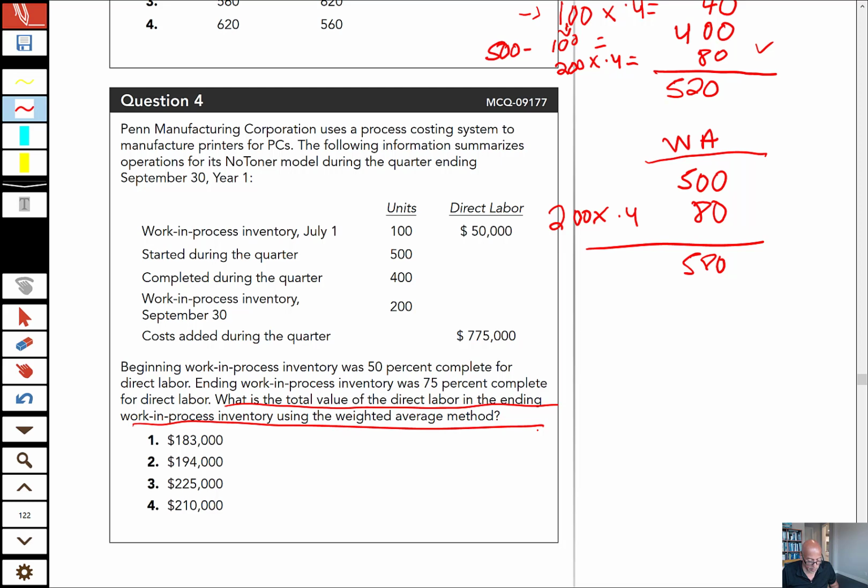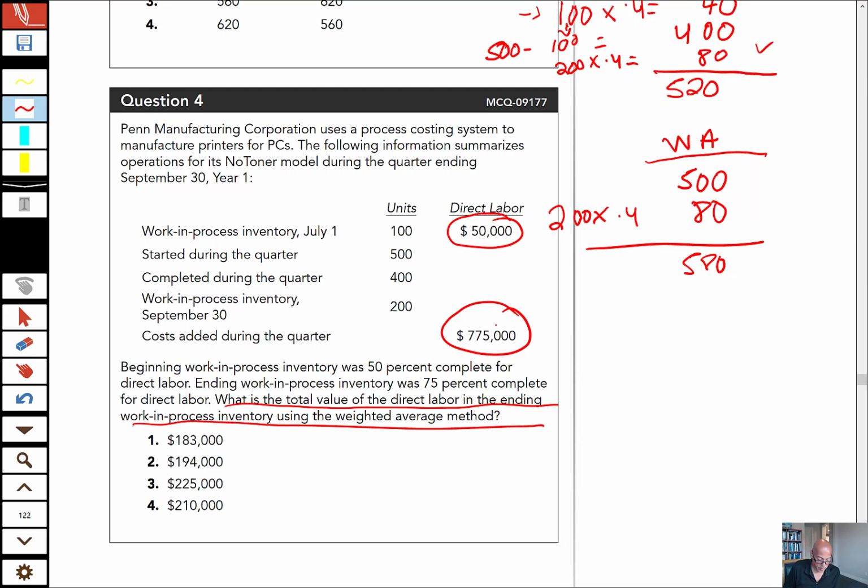Okay, now we're going to see what costs we have to pick up under weighted average. And I can tell you right now that I'm going to have to pick up both these numbers, the amount for the work in process at the beginning and the cost added for the period, I should say. So I've got to pick both those numbers up.